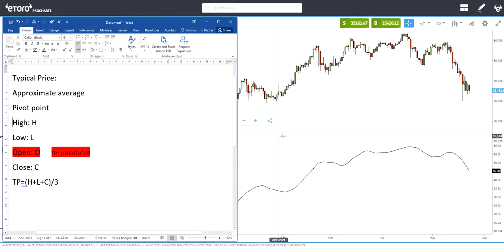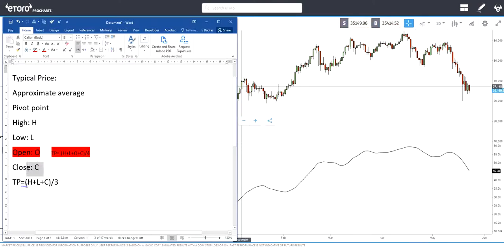When I'm saying average, normally for an average price you go high plus low divided by 2. But this average is kind of different. It's still arithmetic, but the way it calculates takes the close price into account as well.